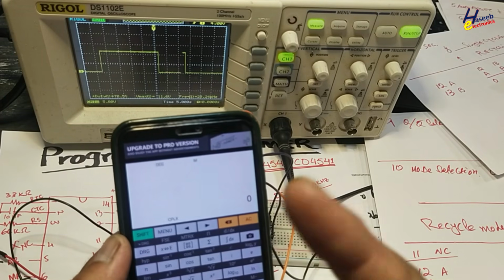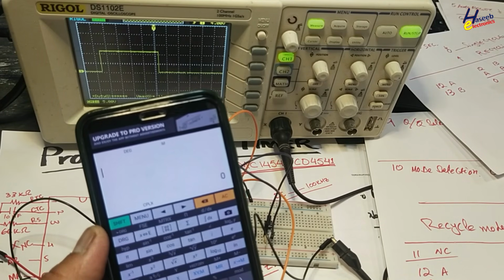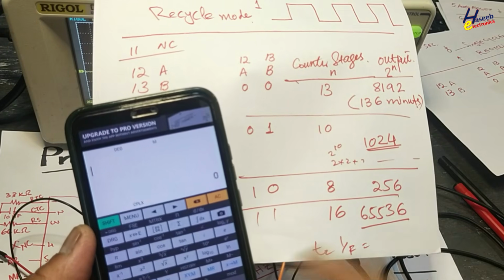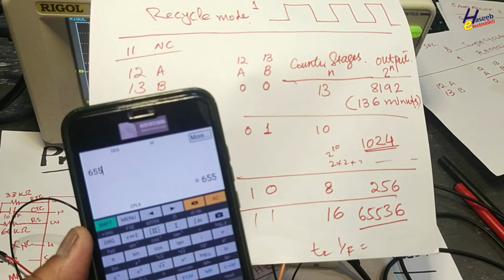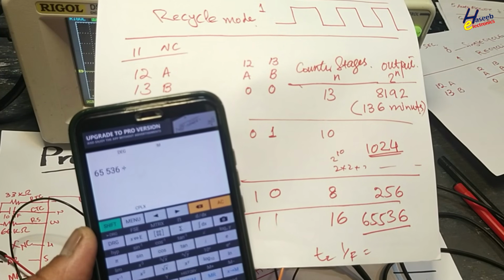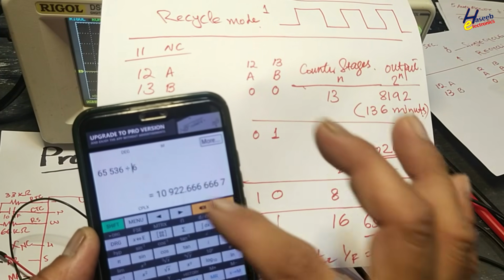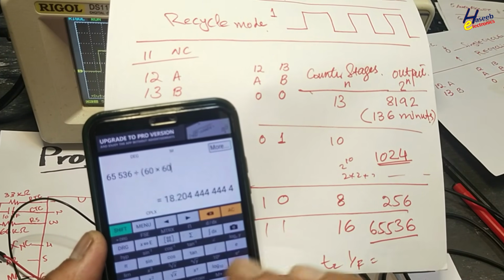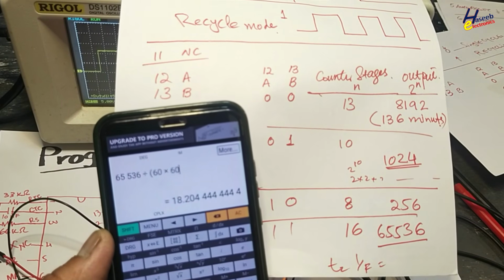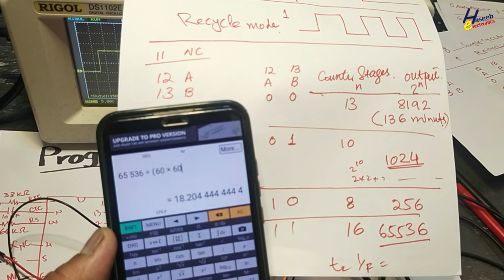If we will provide 1 Hertz frequency at input, it will provide output after 65536 seconds divided by 60 and again 60 to convert hours. After 18 hours it will provide output.